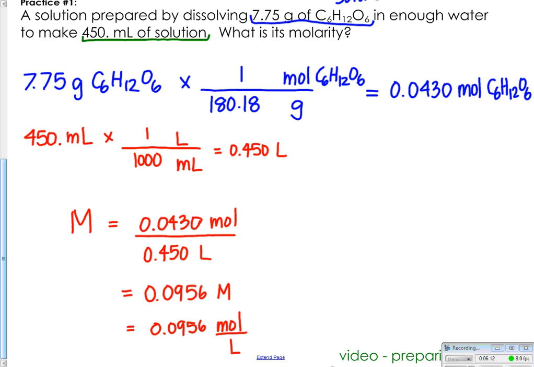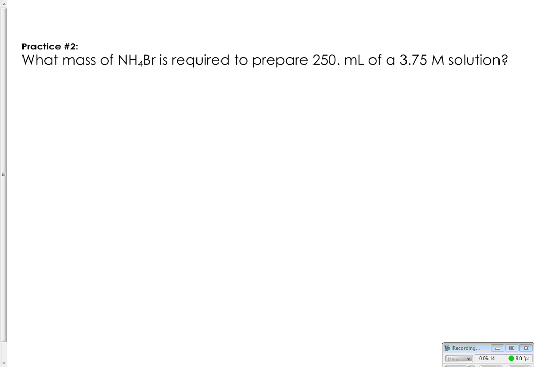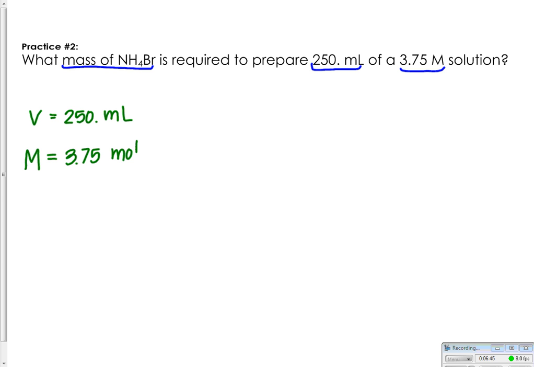So that's one example. Example 2 is a little different. This one is asking for the mass of NH4Br that is required to prepare 250 milliliters of a 3.75 molar solution. What you were given is the volume, 250 milliliters, and the molarity of the solution, 3.75 molar, or moles per liter.